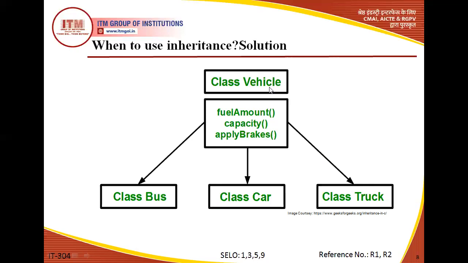This class is then inherited by all these three other classes, which are further notified as the child classes of the parent class vehicle. Likewise, we have saved space and the total lines of code inside our programs.